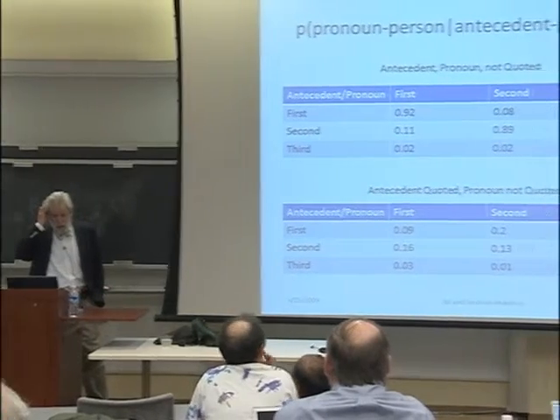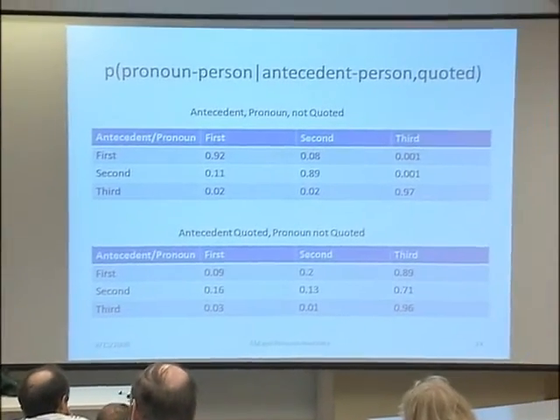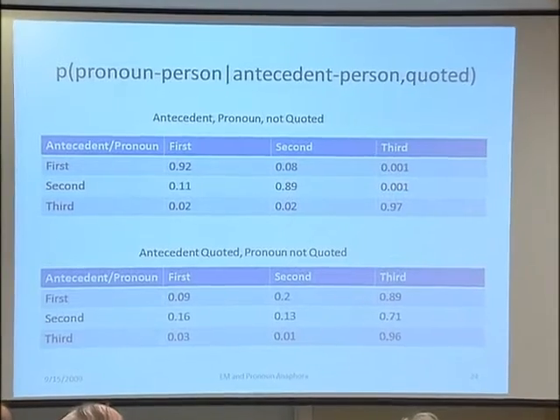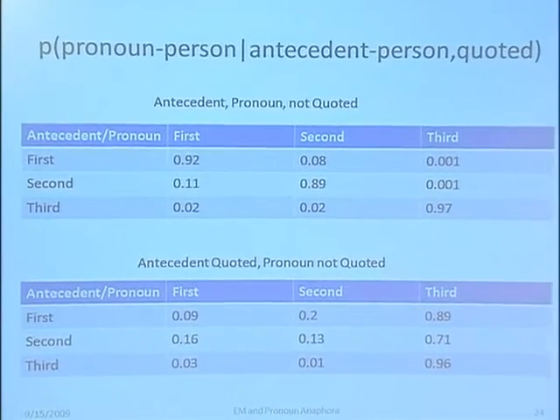Here's another one. Suppose you want to know, is this first, second, or third person? Here, it's very useful also to know if the antecedent and the pronoun are in a quoted context or not. And to see why, let's consider 2 different cases.